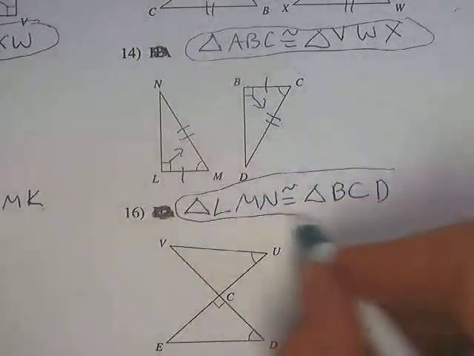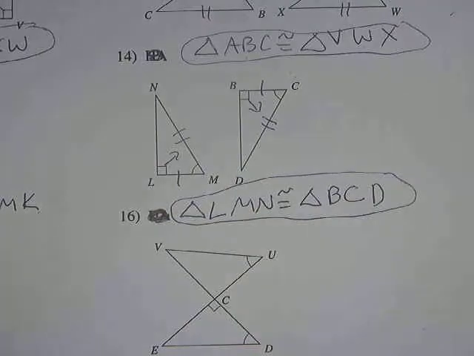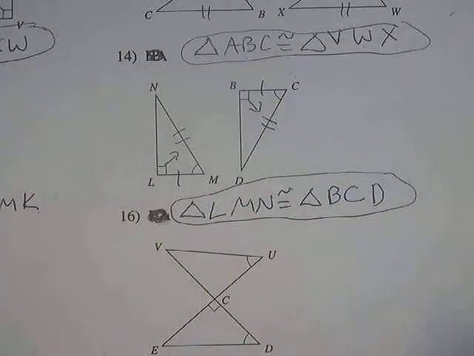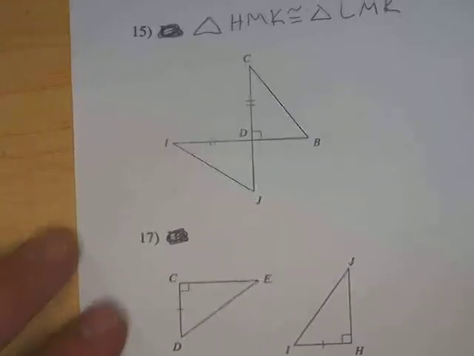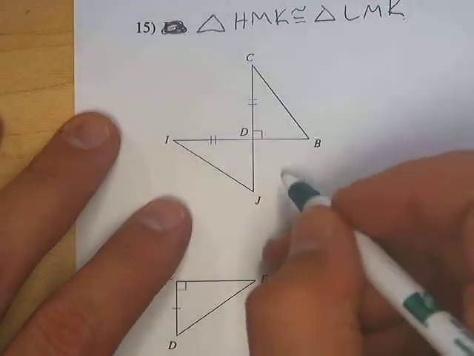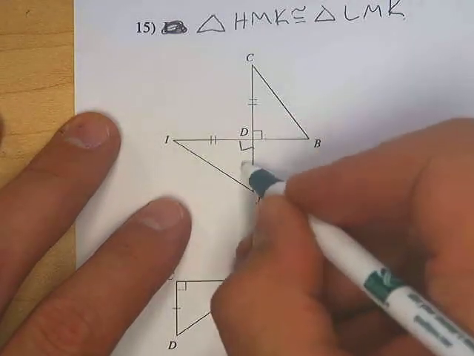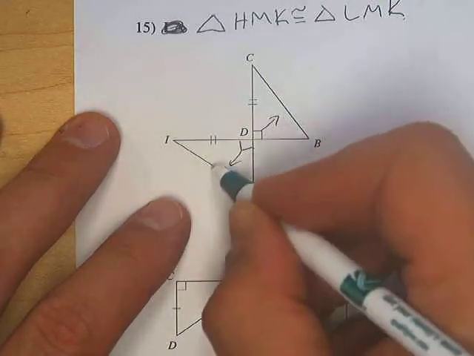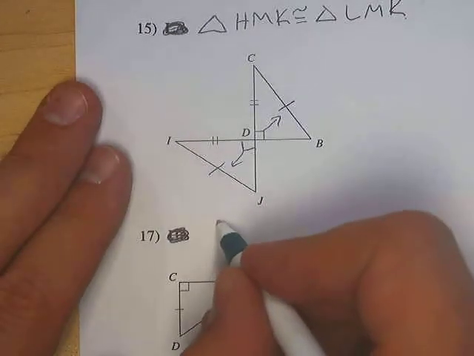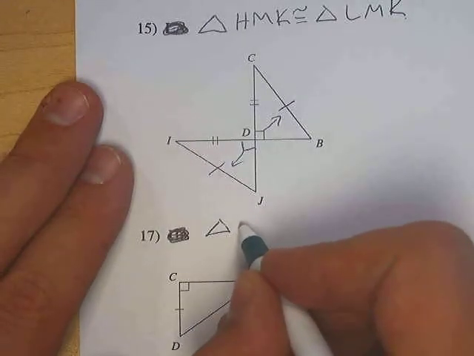You see L is a right angle, so we go up here to the right angle, which has to be B. M is a congruent angle to C, so C must be next, and then D is after that. About 50% of your Unit 3 test is going to be over proving triangles congruent, so this is a good practice.